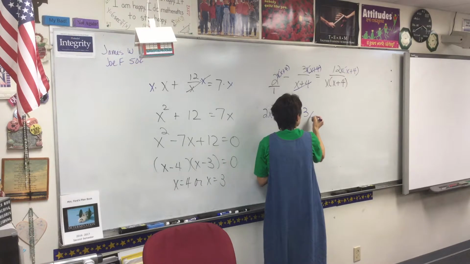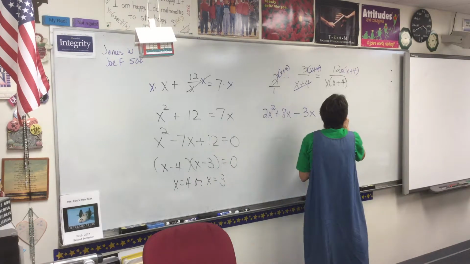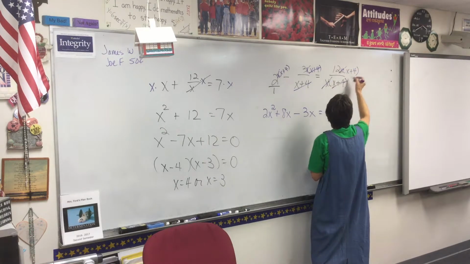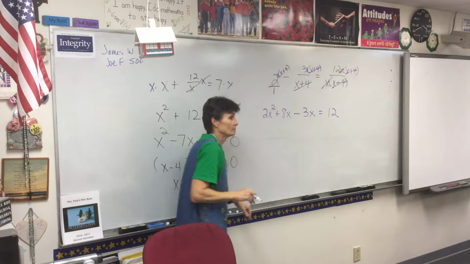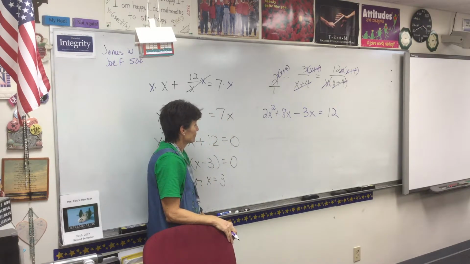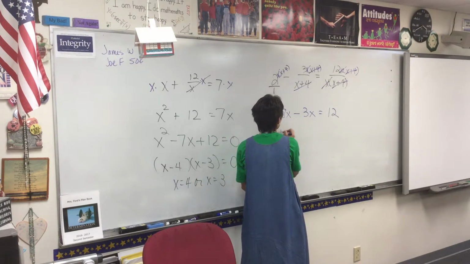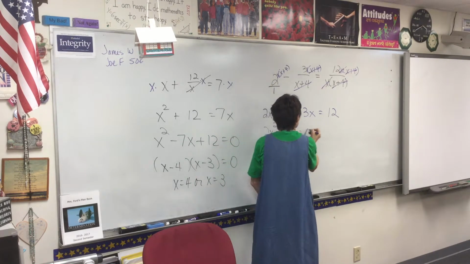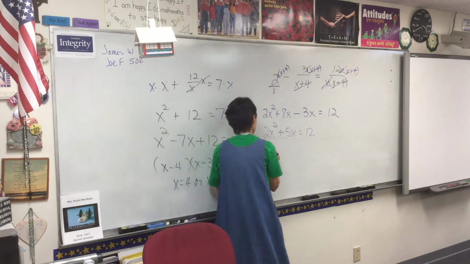So minus 3x. Equals 12. And over here, everything cancels, so I'm left with 12. Can we combine the x's? We can. So we have 2x squared plus 5x. Minus 12. Get it set equal to 0.